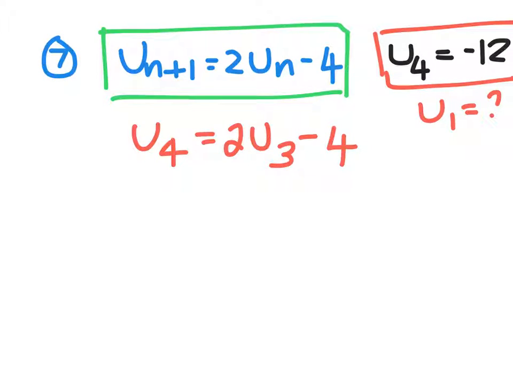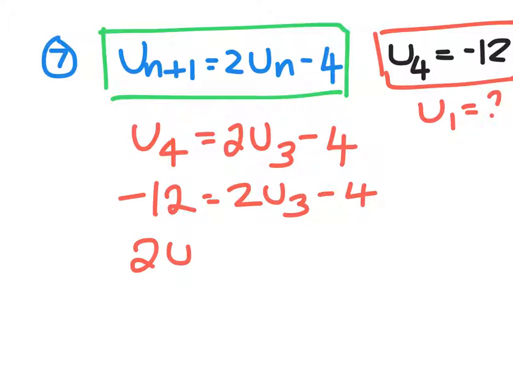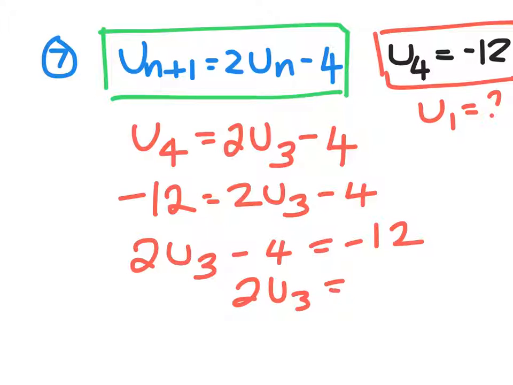So I am going to put in negative 12 equals 2u3 take away 4. And it's probably better if we swap that round to 2u3 take away 4 equals negative 12. Now if I take the negative 4 over, that's going to give me 2u3 equals negative 8. And then I divide by 2, I'm going to get u3 as negative 4.